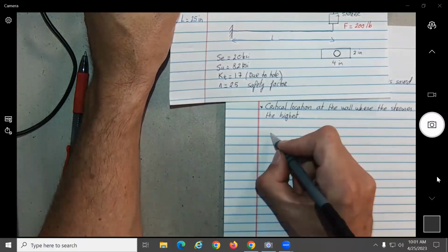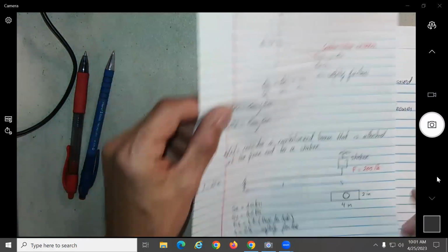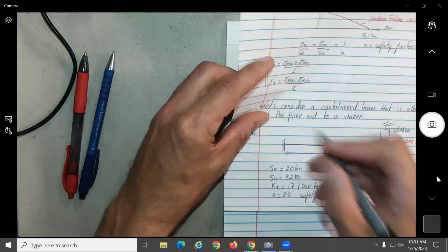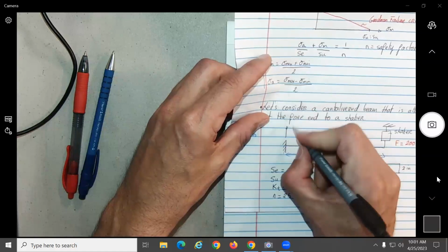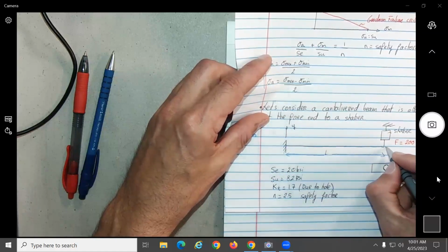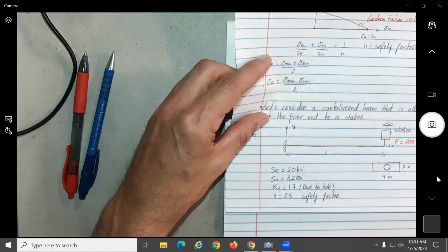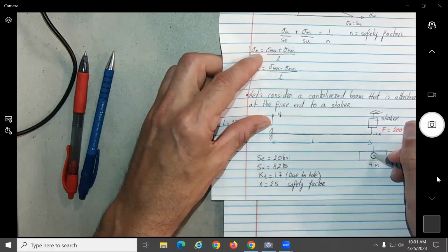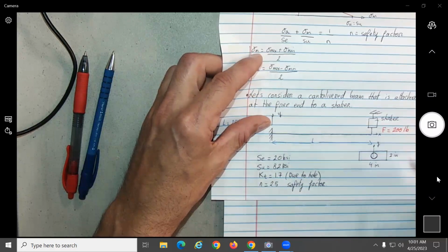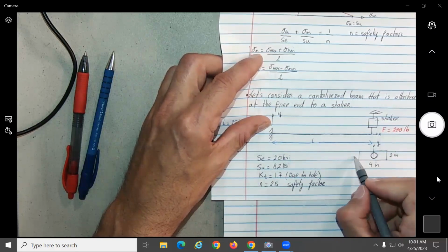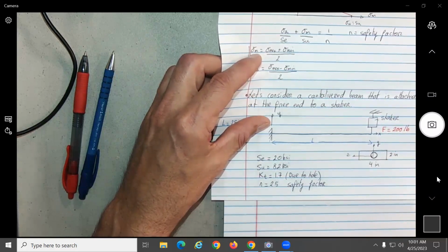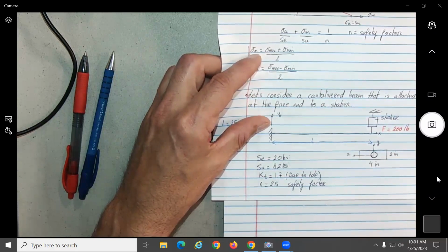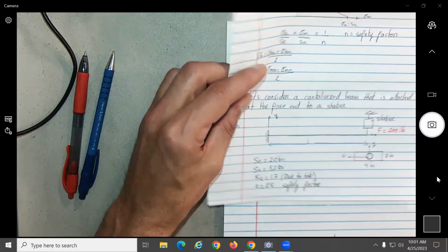Okay, so what is the general equation for the stress? Since now we've become really good at this, let's say this is y and this is x, and this will be z.